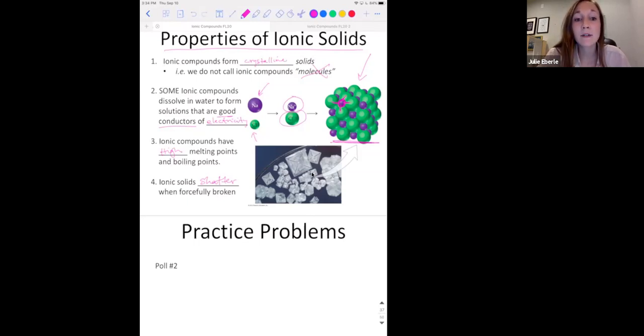It takes less energy to break apart RbCl, rubidium chloride. That had the lowest melting point, so it melts the quickest. All right, so what you learned here is the stronger the ionic bond, the higher the melting point and the boiling point. Or I'll say it the other way. The higher the melting point and the boiling point, the stronger the ionic bond, and then vice versa. Okay?